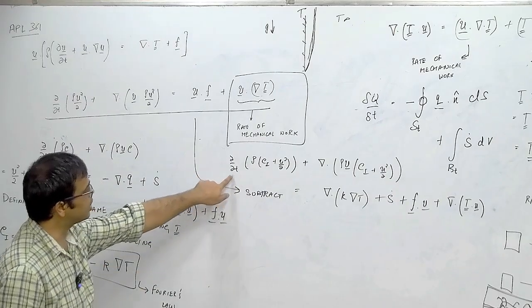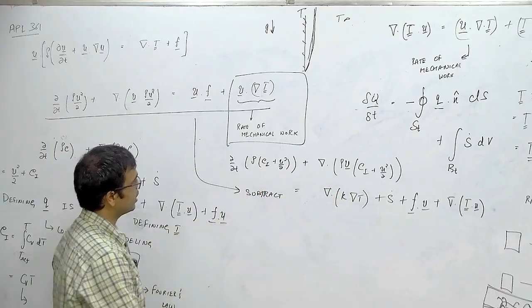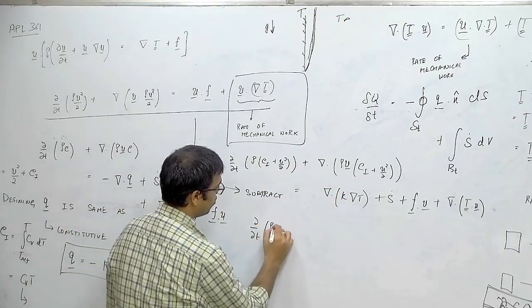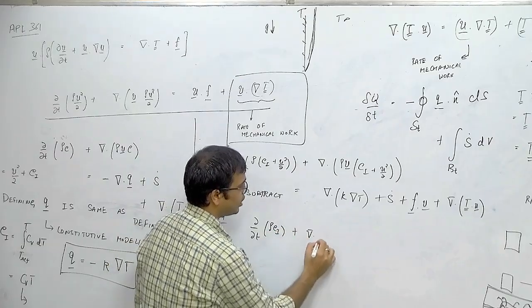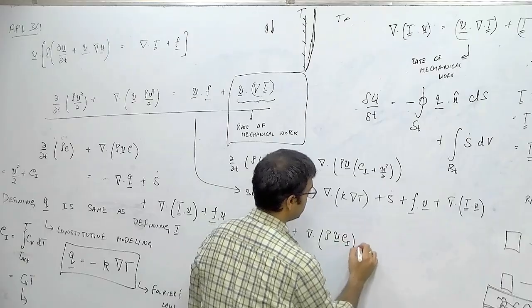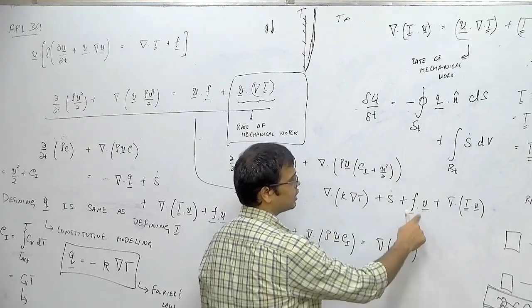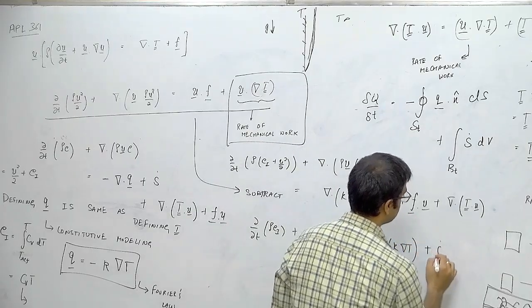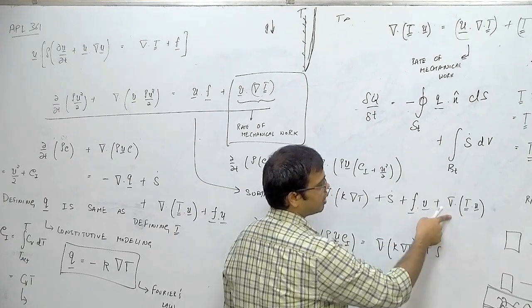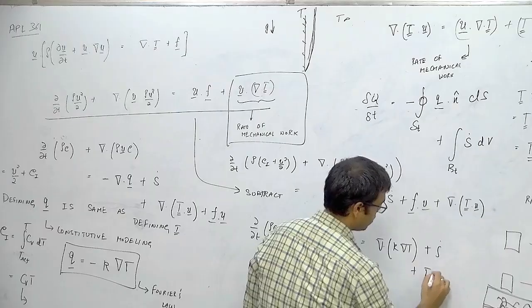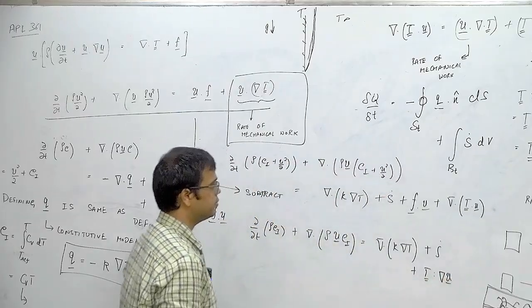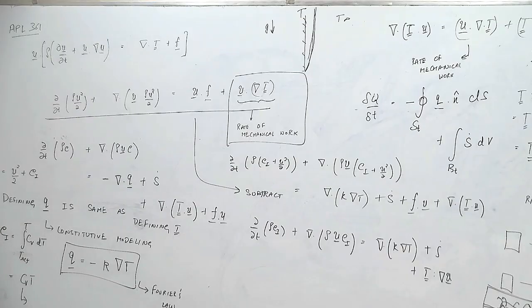So the left hand side, you can easily work out that it is going to be del by del T of rho EI plus del dot of rho U EI equals del dot of K grad T. This term will cancel out, F dot U will cancel out, and one of the terms from this will cancel out, and eventually you will be left with this on the left hand side.